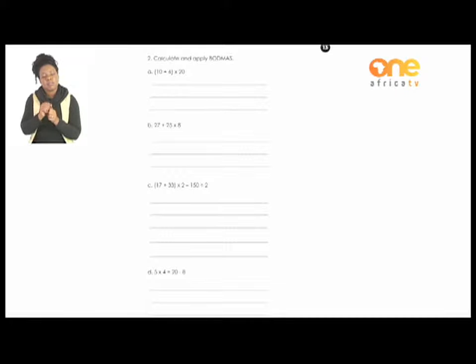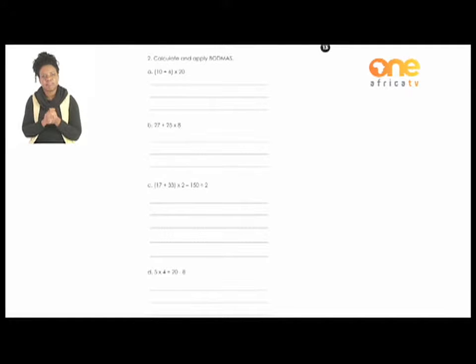Number C, in brackets, 17 plus 33, times 2 minus 150 divided by 2. Also a very, very nice BODMAS sum because there's a bracket, a multiplication, a subtraction, and a division. So a very nice BODMAS sum. And lastly, 5 times 4 plus 20 minus 8.